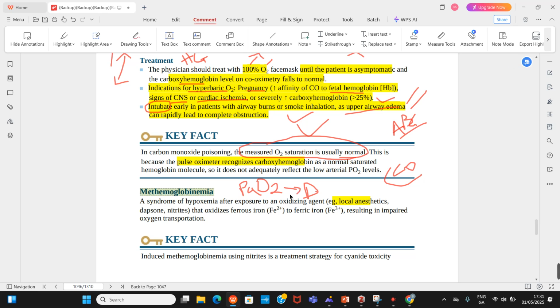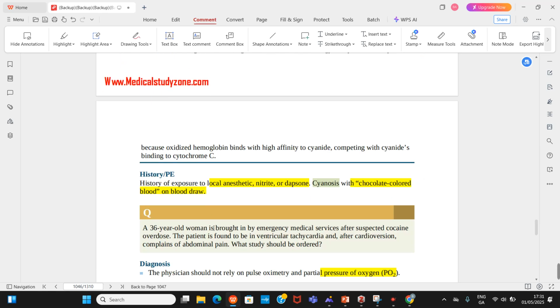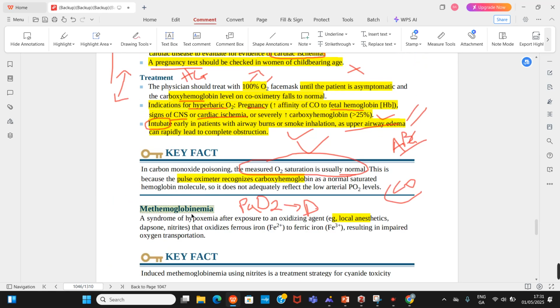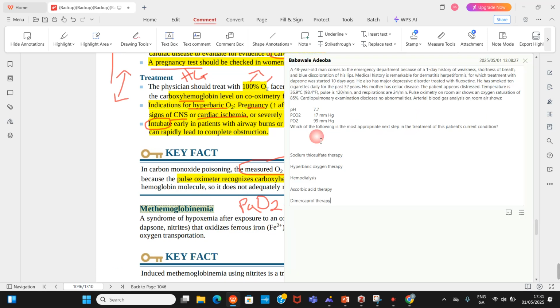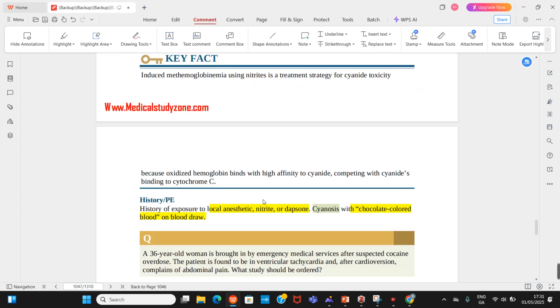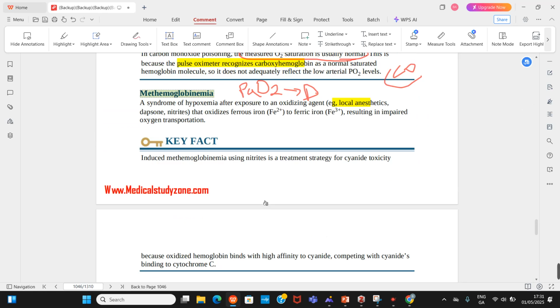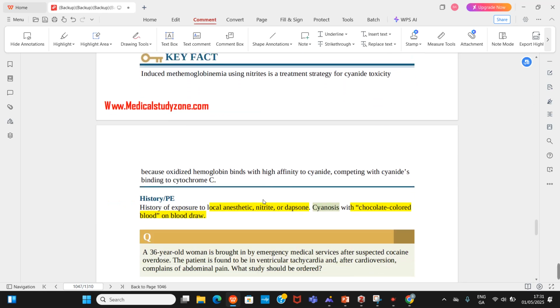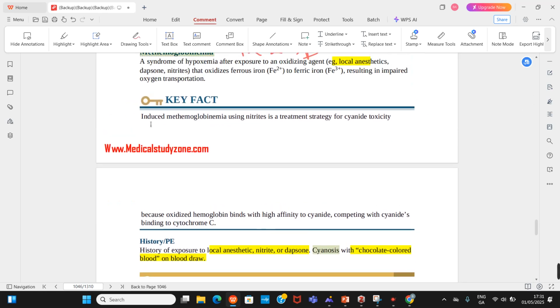All right. Very nice. So, we can see the focus there. That one is because this guy was on dapsone. He's taking dapsone. Now, there's a statement here that says that inducing methemoglobinemia using nitrite is a treatment strategy for cyanide toxicity.